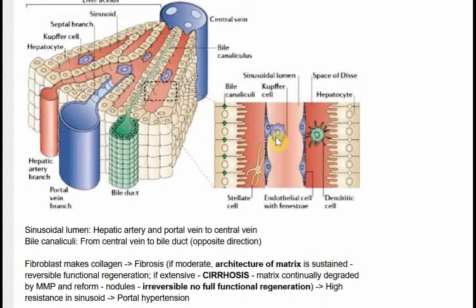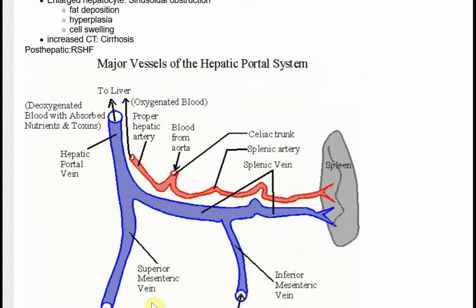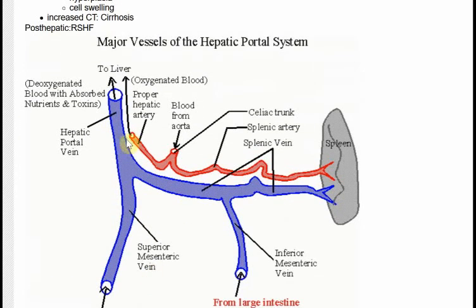Now, what happens when you have that tons of fibrotic tissue? Well, you get portal hypertension. Now, normal portal pressures, so let's just do a diagram here. You've got your portal vein, you've got your SMV, superior mesenteric vein, inferior mesenteric vein, and splenic vein. So they all go in this direction, back to the liver.